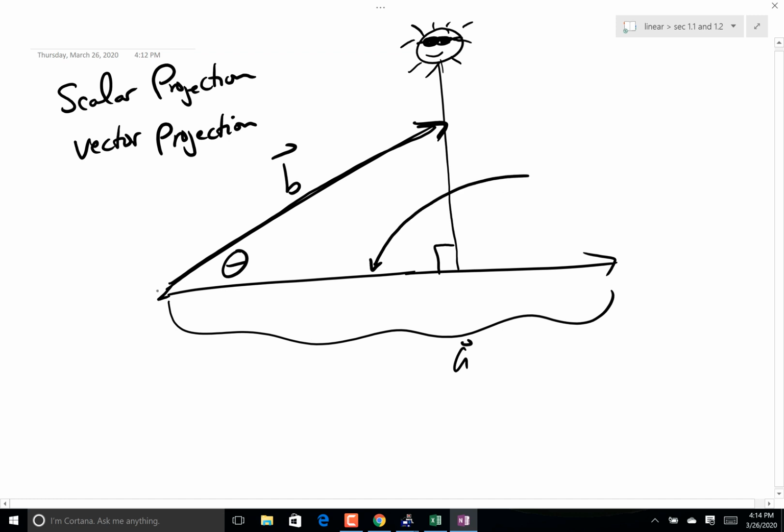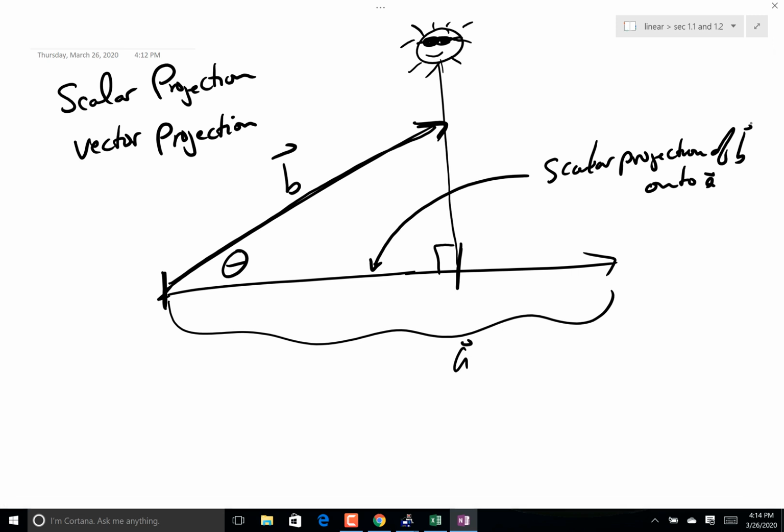So this length from here to here is the scalar projection of B onto A. And the way that your book writes that, actually your book does not break it out. I forgot, your book does. My other book does. This one doesn't.